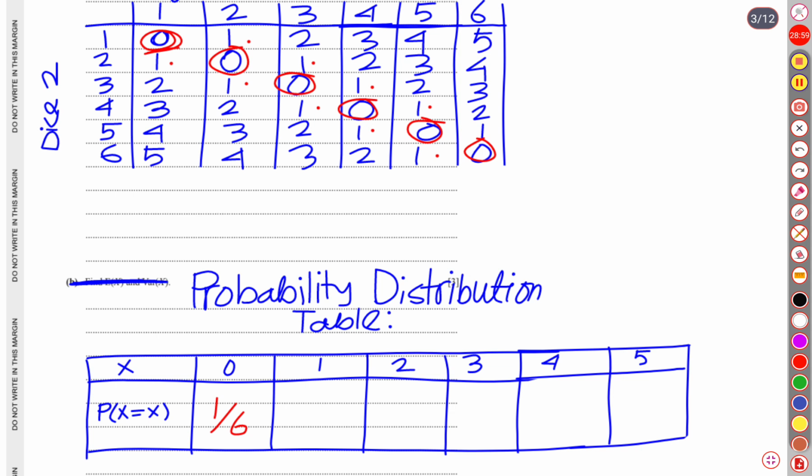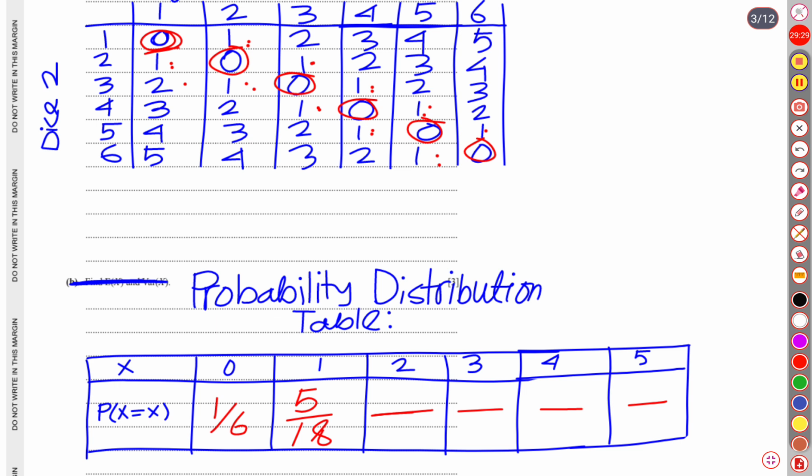Sorry, is it 9? Or should it be 10? Let us count once again. 1, 2, 3, 4, 5, 6, 7, 8, 9, 10. Actually, there are 10. So 10 over 36 means 5 over 18. Then how many 2's are there?